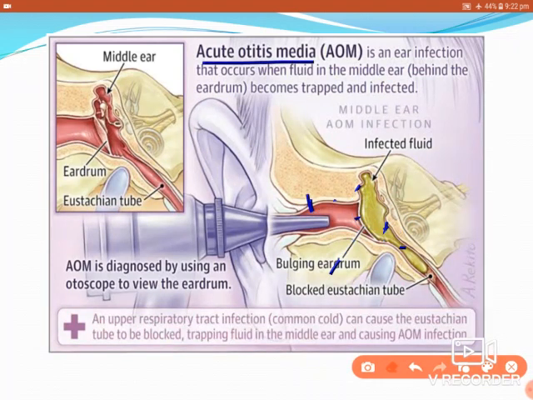Upper respiratory tract infections can block the pharyngotympanic tube, or eustachian tube, which connects the middle ear to the nasopharynx. Pus and fluid then accumulate, causing the tympanic membrane to bulge outward, which can lead to perforation. An external injury can also cause perforation, leading to otitis media, which requires medical treatment.